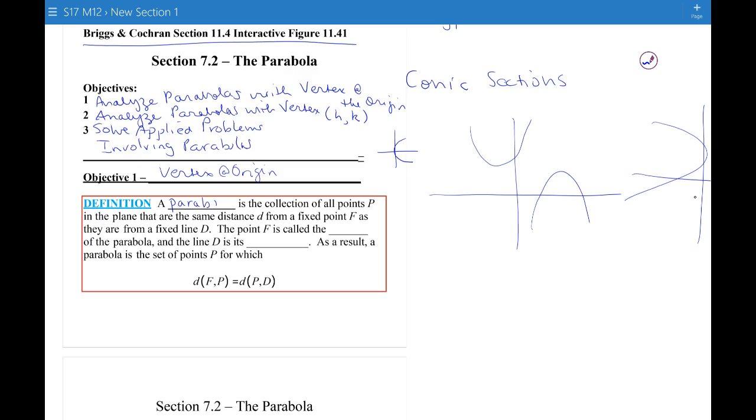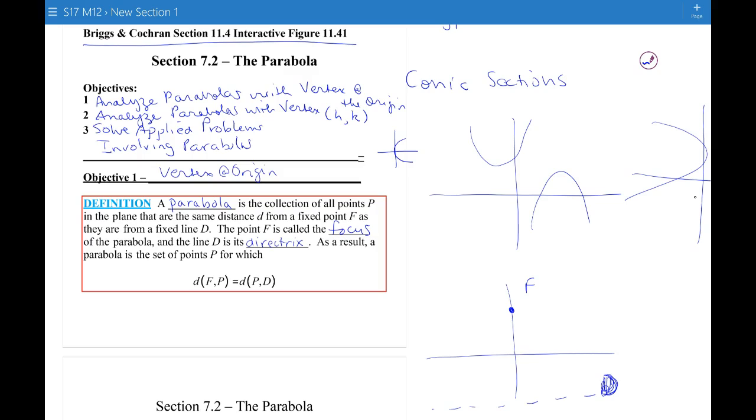A parabola is a collection of points in a plane that are the same distance from some fixed point, capital F, as they are from a fixed line that we call D. The point F is called the focus, so F for focus, and the line D is called its directrix. That's from Latin.